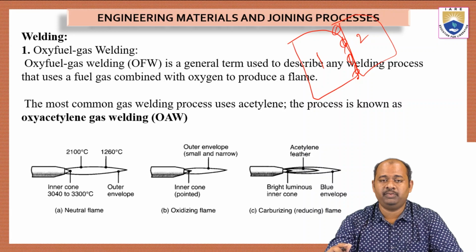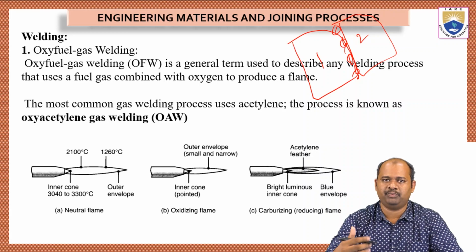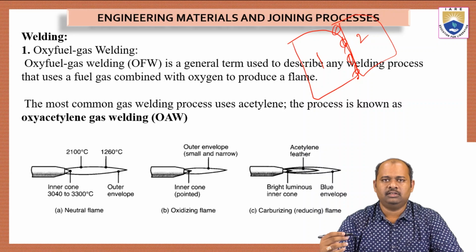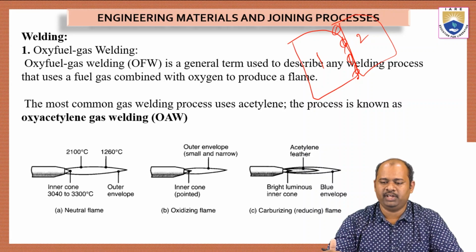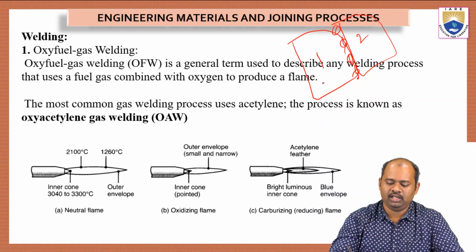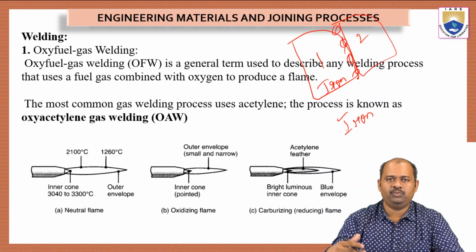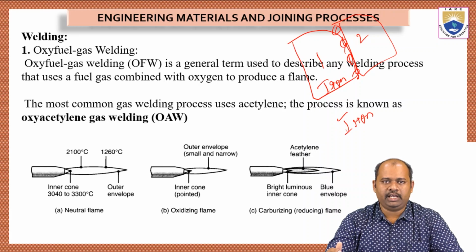This filler material will be the same as the base metal. We discussed this in the previous brazing lecture. The filler metal is an alloy of the base metal. Suppose I am welding an iron plate, I have to take an iron filler rod combined with some other minerals, but the base form should be iron.